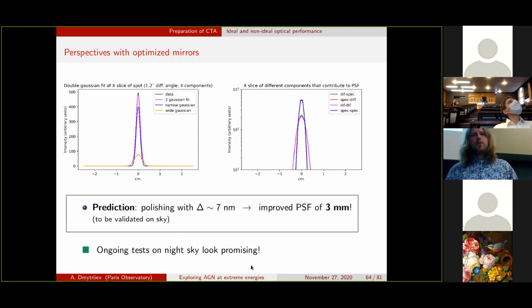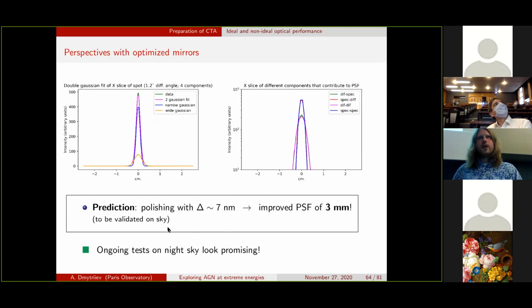So we made predictions with the optimized mirrors: what PSF can be achieved with much better mirrors, with polishing of around 7 nanometers, which is fairly easily achievable with current technology. It can be even better, but that's already good enough. I extrapolated these results using PSF modeling, and I concluded that we can achieve a PSF of 3 millimeters.